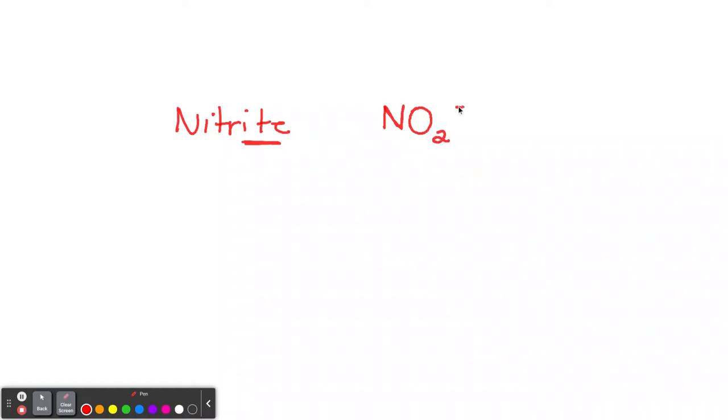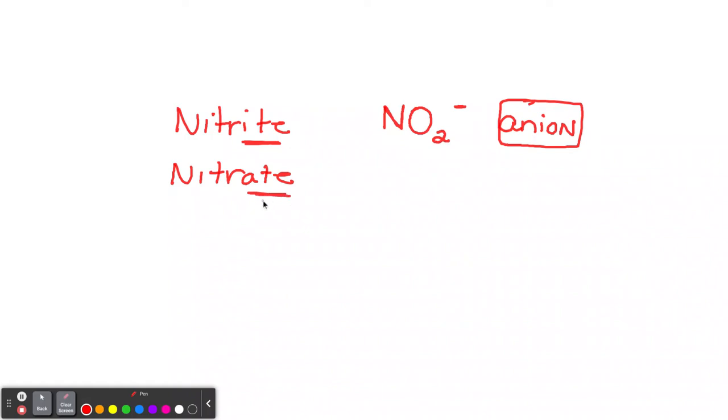So we know that this is an anion, an anion compound. But nitrate, see the ate is written with 3. And so it has a higher concentration when you see the ate than with the ite.